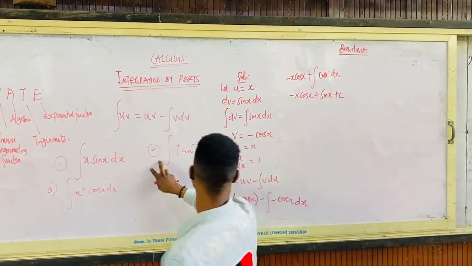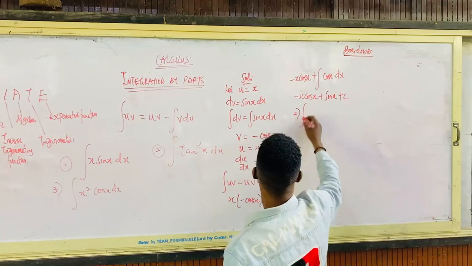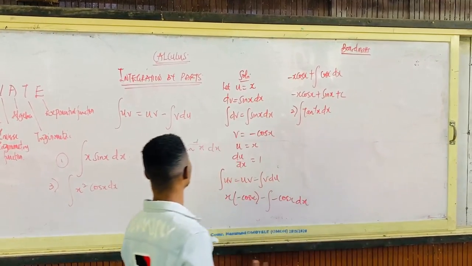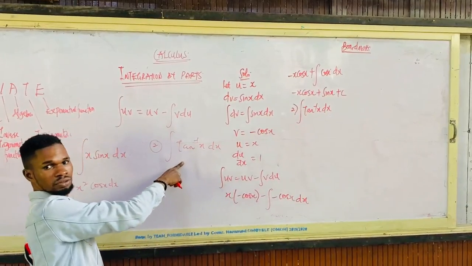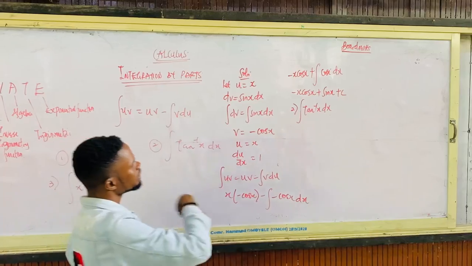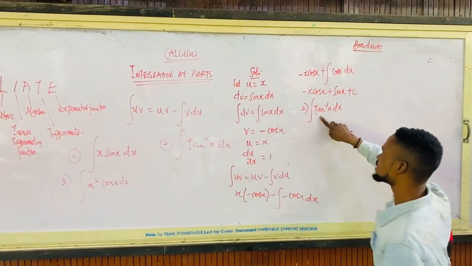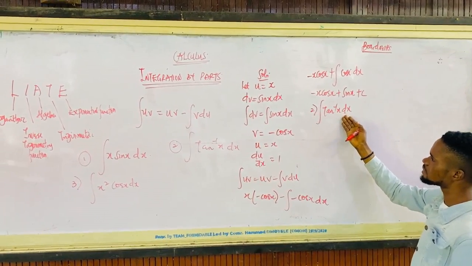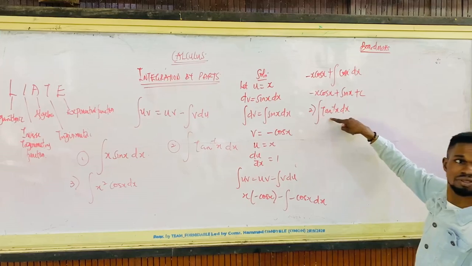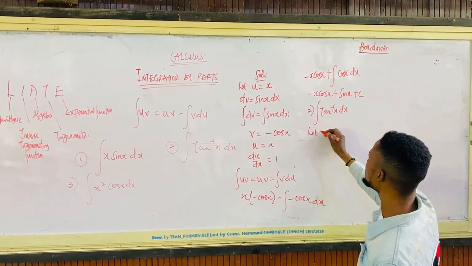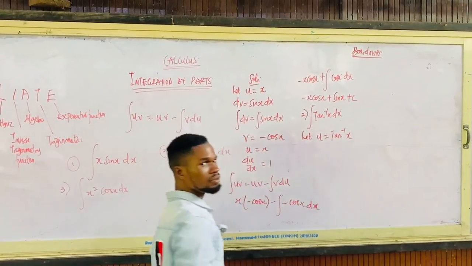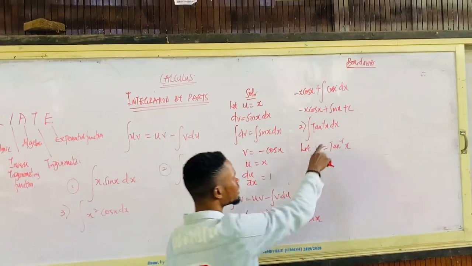And the second one is the integral of arctan x dx, the inverse trigonometric function. Now this is just arctan x. There's not like a u and a v here, but this arctan x is just the inverse function. So let u be arctan x, and dv is dx.